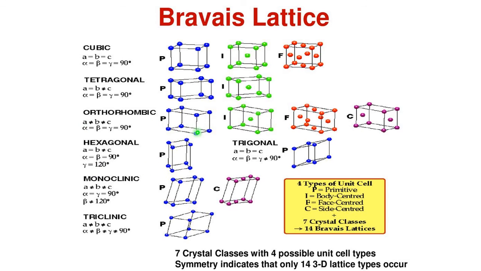Next case is different, orthorhombic. In case of orthorhombic, all angles are exactly right angles, 90 degrees. It can be primitive, it can be face-centered, and it can be body-centered as well.